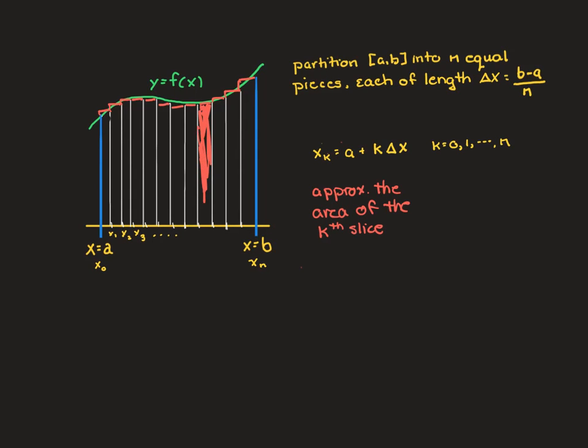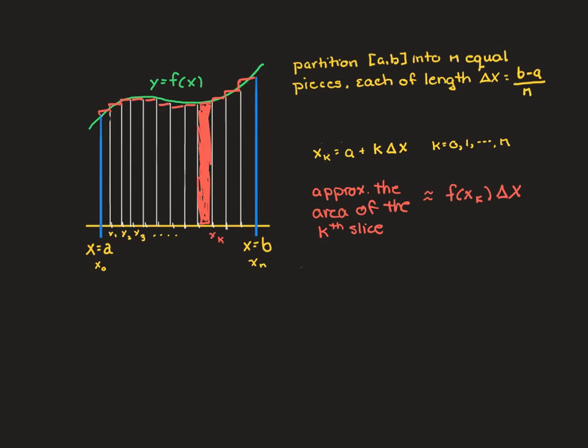There it is, and we're going to approximate this area by the area of a rectangle. So let's suppose that this is x sub k. It's approximately f of x sub k times delta x.